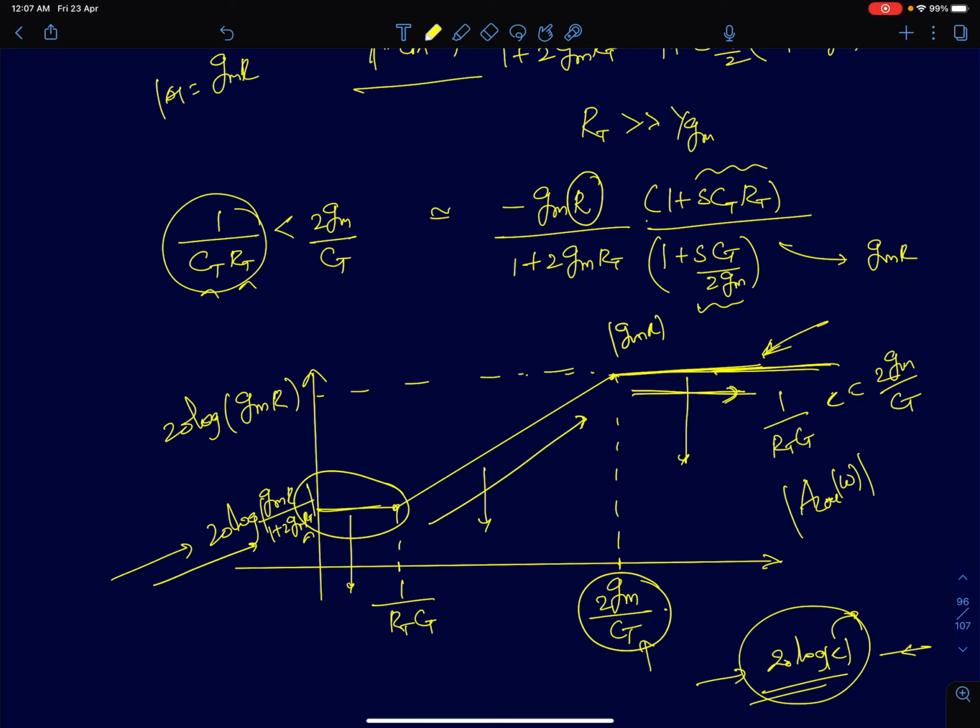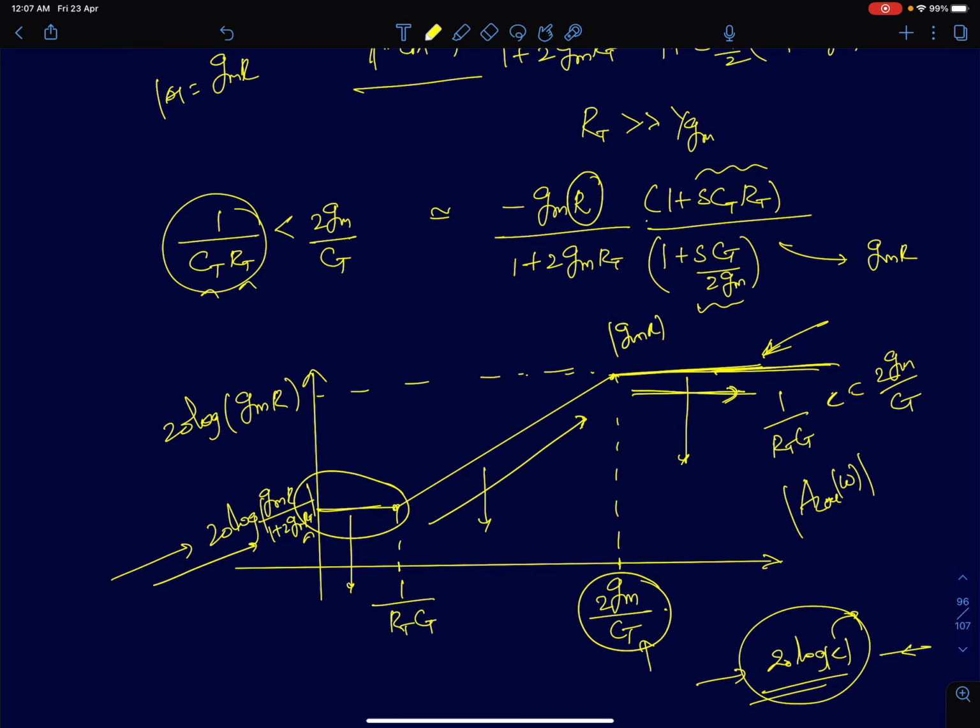If you recall our discussions on current bias differential pairs, we said one of the most important properties of a current bias differential pair is that it can reject common mode signals. Its common mode gain was negligibly small.